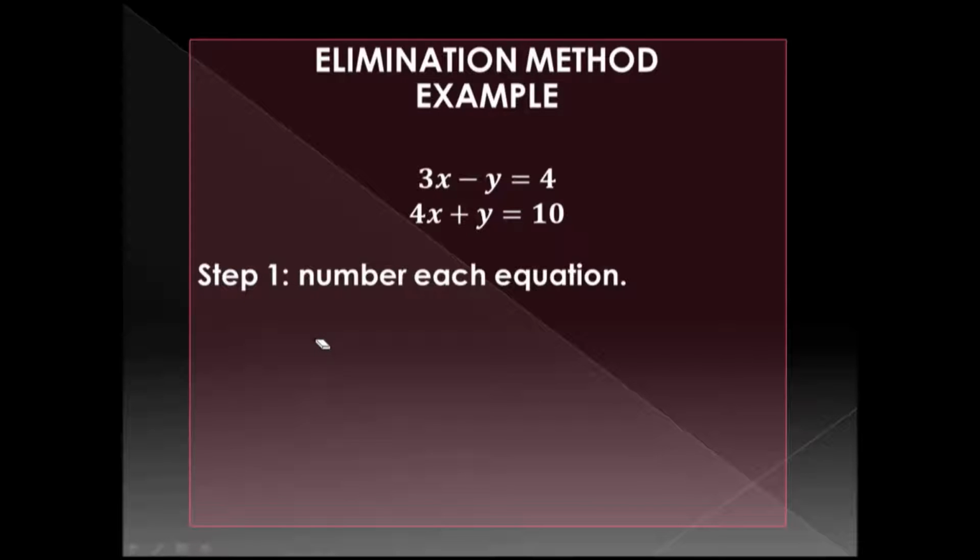So in numbering our equations, 3x minus y is equal to 4 is our equation number 1. 4x plus y is equal to 10 is our equation number 2.